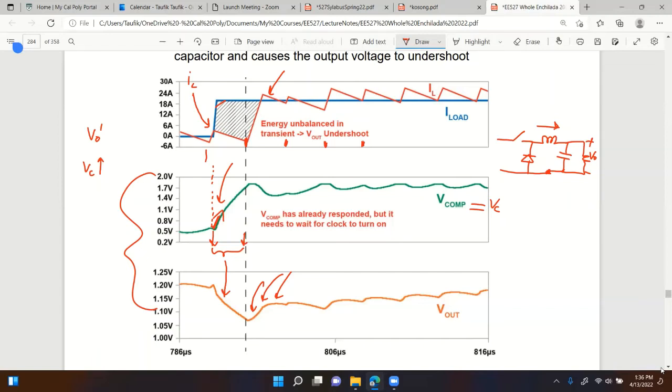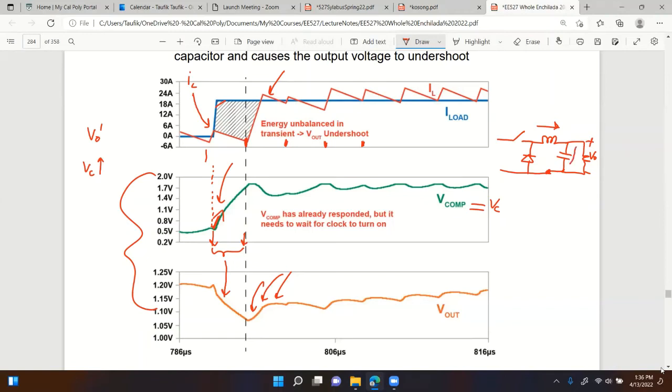So in the meantime, who do you think supplies the current to the load? Anybody? The capacitor? The capacitor has to. The load says, give me more current. Inductor says, wait, I cannot give you now. So who's going to compensate for that current?